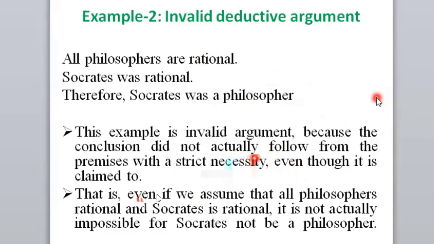It tries to be valid, but though it is a deductive argument, we cannot speak here of certainty. Even if we assume that all philosophers are rational and Socrates is rational, it is not impossible for Socrates not to be a philosopher, okay? This is an example of an invalid deductive argument.